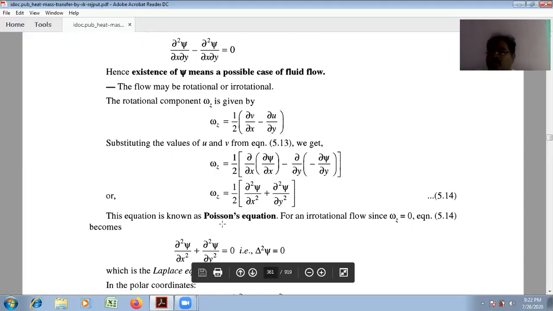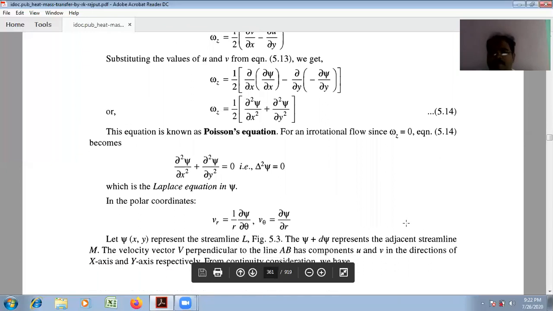This equation is known as the Poisson equation for the irrotational flow, since omega z is equal to 0.